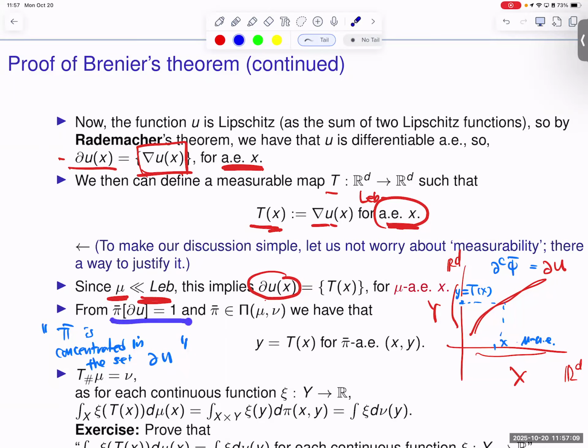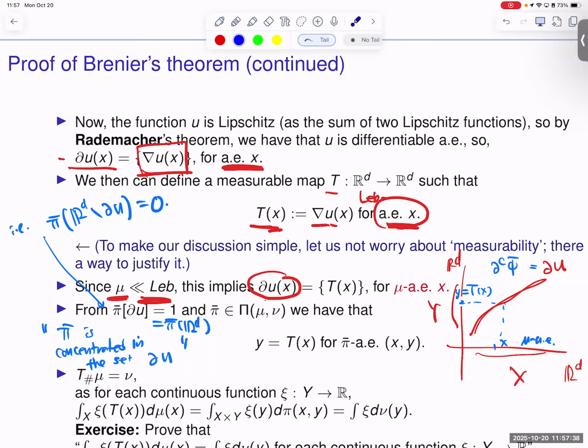I mean, this is equal to 1, and 1 is the full measure of pi, right? So this means pi bar outside of the subdifferential is 0. So it has mass only inside the subdifferential of u.